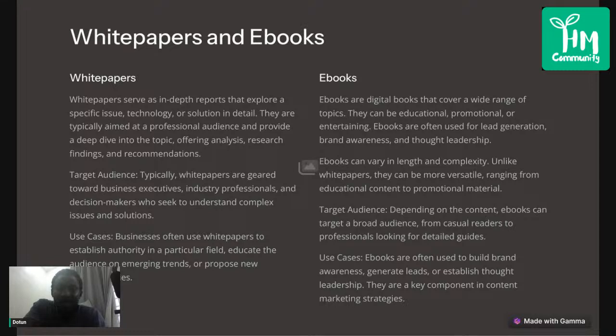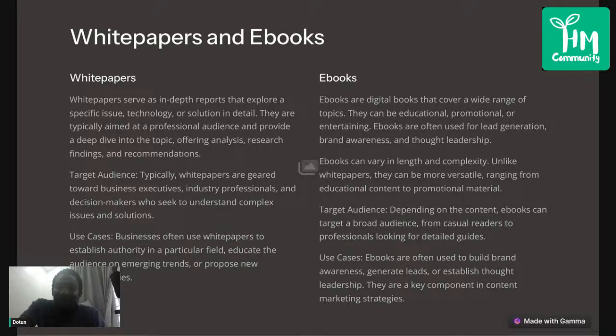Ebooks are digital books. I'm sure we've all come across one ebook or the other, from some of our well-known books to recently created books about contemporary topics, or sometimes even some of our fictional novels. Some of them also have their ebook versions, right?